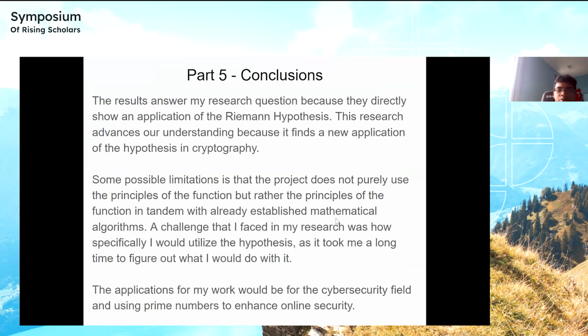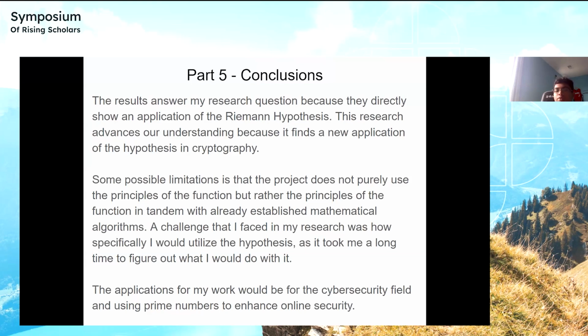My conclusions were that the results answered my research question because they directly showed an application of the hypothesis, and the research advances our understanding by finding new applications of the hypothesis in cryptography. Some limitations are that, because we had to break it down into smaller functions, it doesn't utilize every single principle of the Riemann hypothesis, but it combines it with established mathematical algorithms.